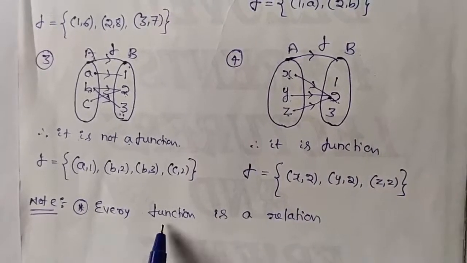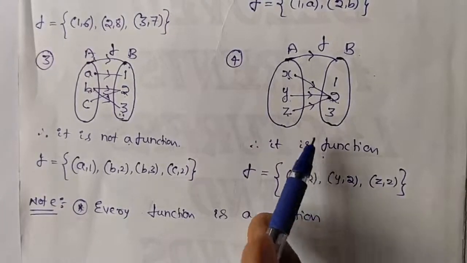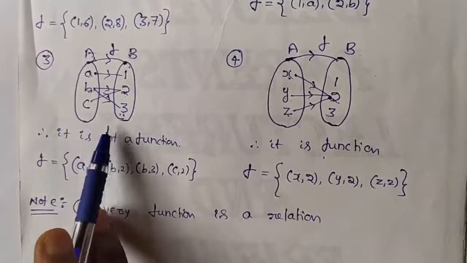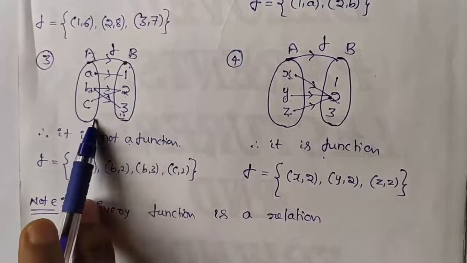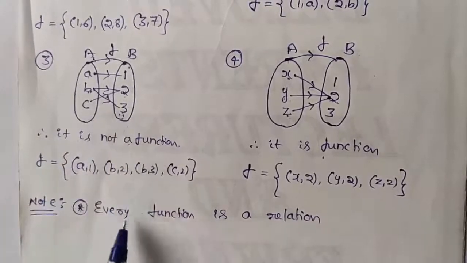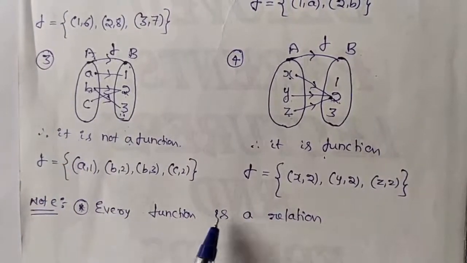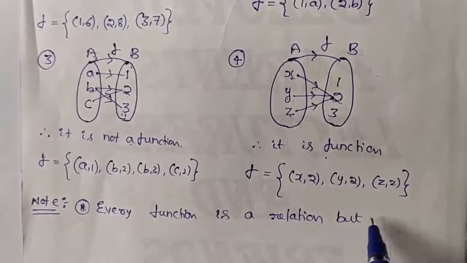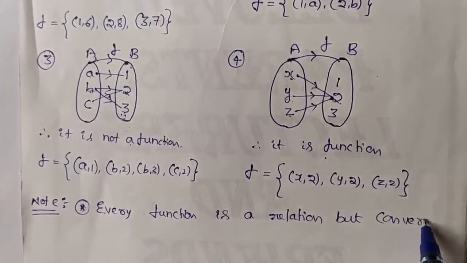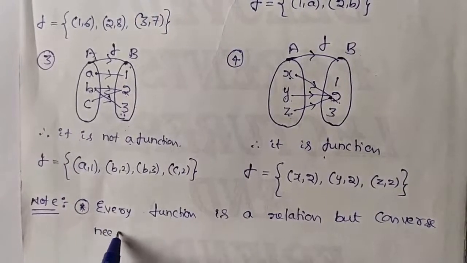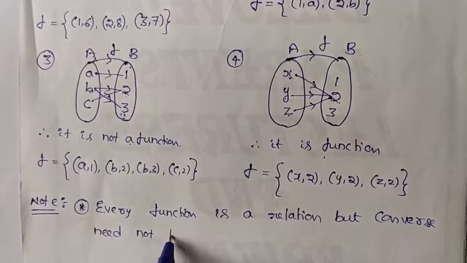We know that every function is a relation. It is a function, yes, of course it is a relation, right? It is not a function, but it is a relation. Every function is a relation, but the converse need not be true.